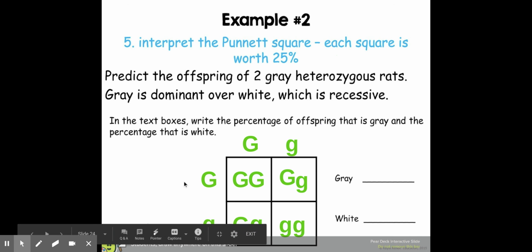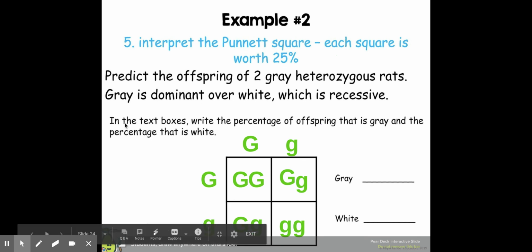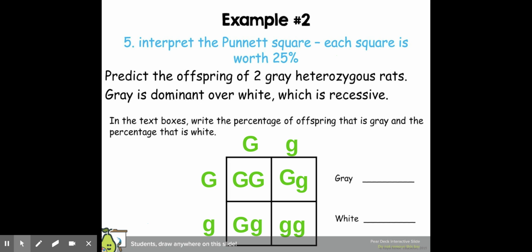Finally, on slide part 5, we are now able to interpret the Punnett square. So remember, each square within our Punnett square is worth 25%. So we need to figure out how many of these offspring will be gray and how many will be white. Remember, as long as we have one dominant allele or one dominant trait inherited from a parent, you will look like the dominant.